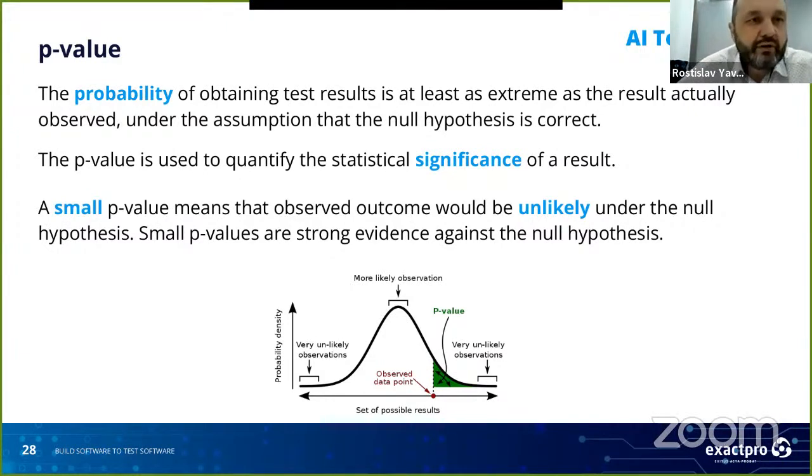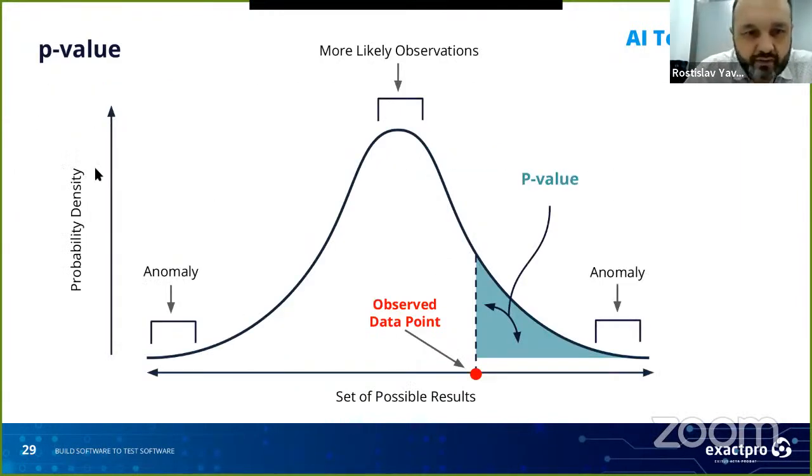So what is the p-value? The p-value is the probability of obtaining test results which are at least as extreme as the result you got. So let's look at this picture. Let's assume you have a very nice symmetric picture of your distribution, but the p-value surely works for any kind of distribution. But at least for this example, let's assume you have this nice curve.